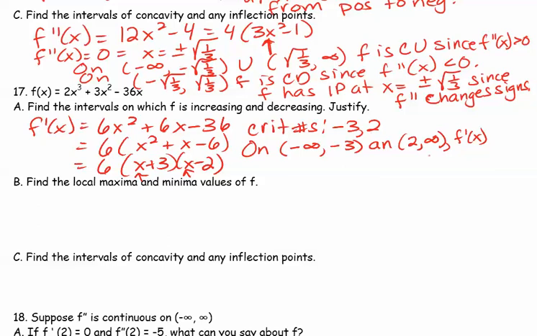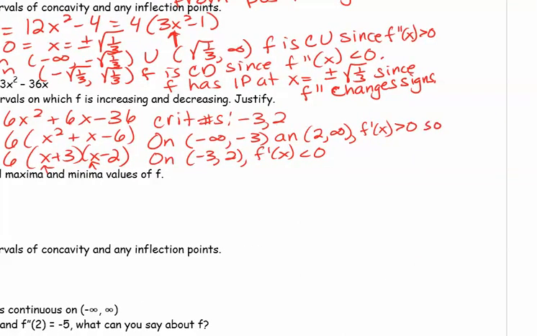If you choose a number larger than 2, both factors will be positive. And on the interval between -3 and 2, f prime of x will be less than 0. So we could add our conclusions here. So f is increasing, and here, so f is decreasing.